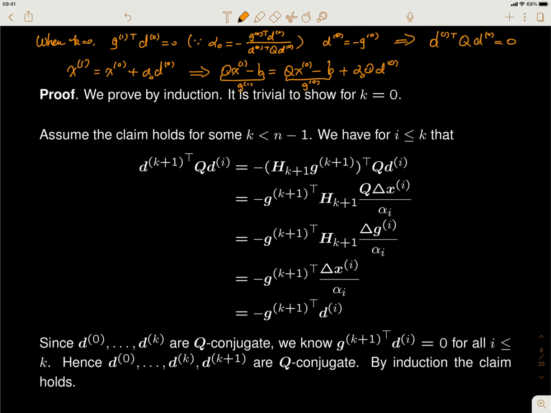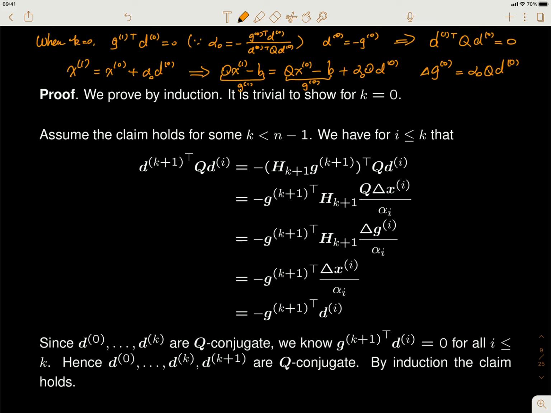Okay, but also recall the delta G0. I can get that this is just the delta G0, because I move the G0 to the left, then G1 minus G0 is delta G0, that's equal to alpha 0 Q D0.